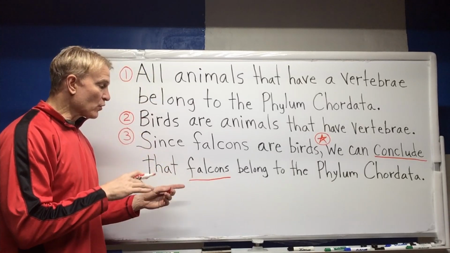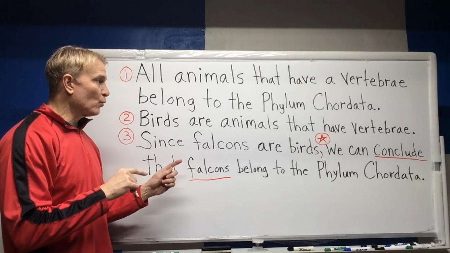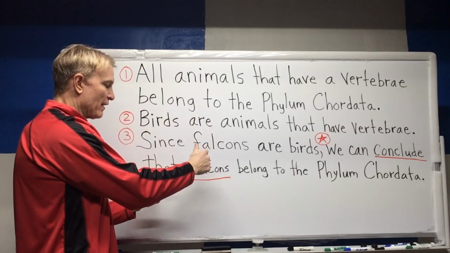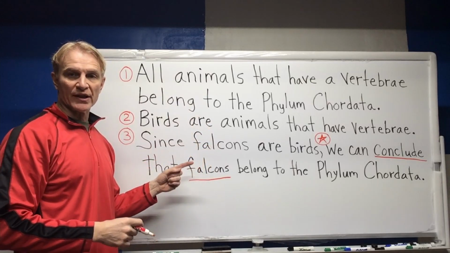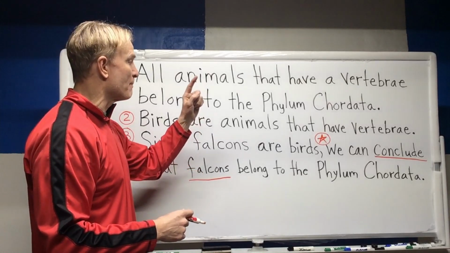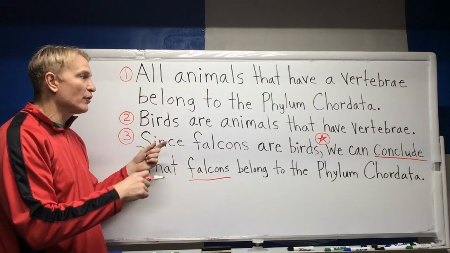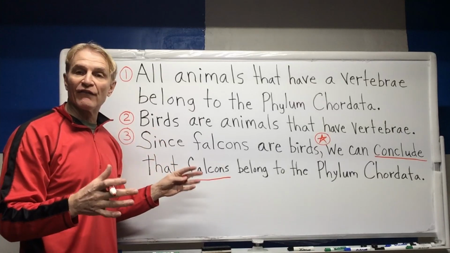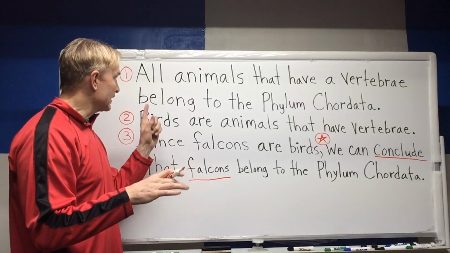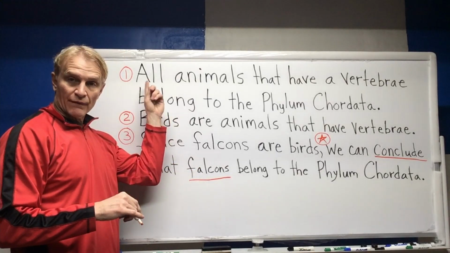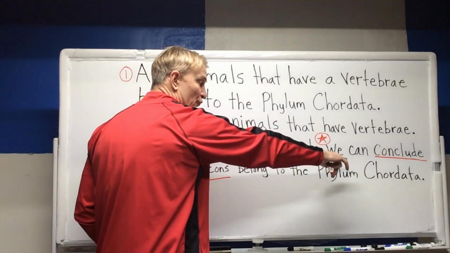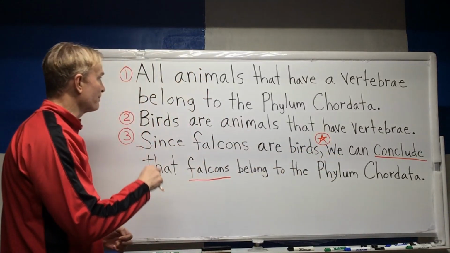So what we're going to note is that in this case, since we made statements about falcons, we are not going to state that we already know that falcons are birds, and we also don't know that birds automatically have a vertebrae. Now, speaking from that point, let's start with our first premise up here, and we're going to read the premise and see if it can directly go to the conclusion.